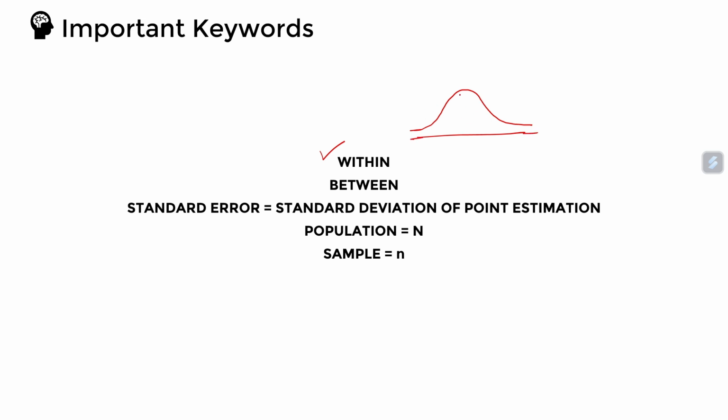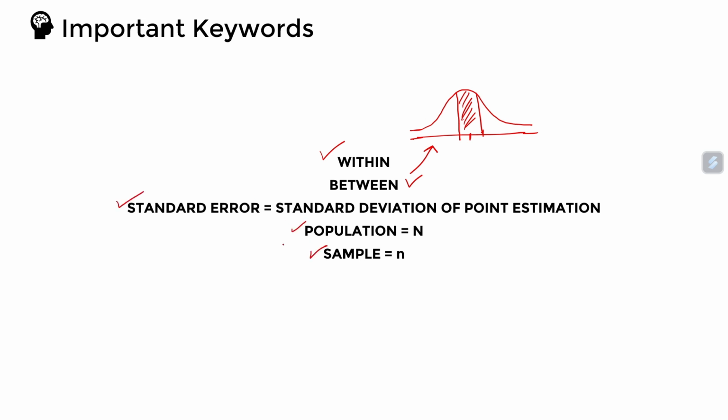When it says within, it gives us a specific range. Then between is also a similar keyword. When the question says between, you will solve the problem with the help of the normal distribution diagram.